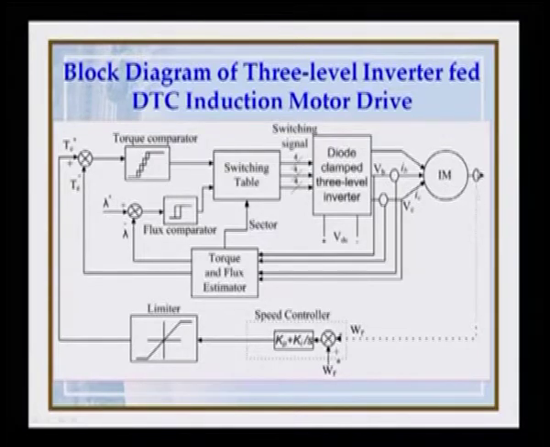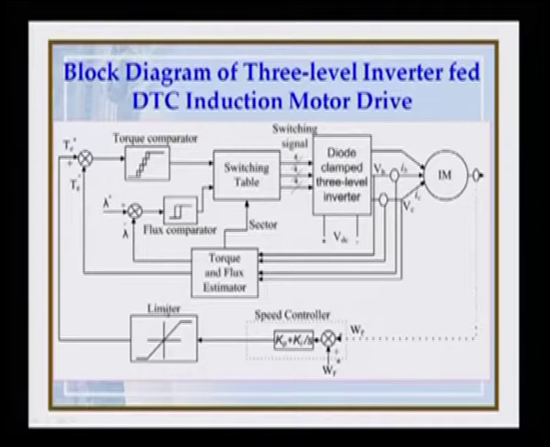The speed sensor gives us the speed, and what we get here is the actual speed. It is fed back here, and we have a reference speed, that is omega r star, and we compare the actual speed with the reference speed and then feed it to a speed controller or PI controller, Kp plus Ki by S.